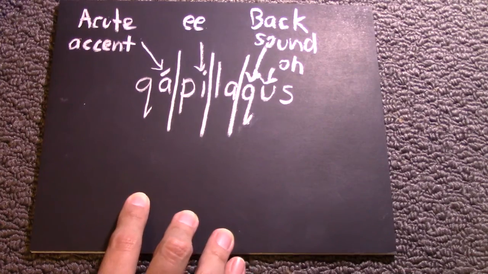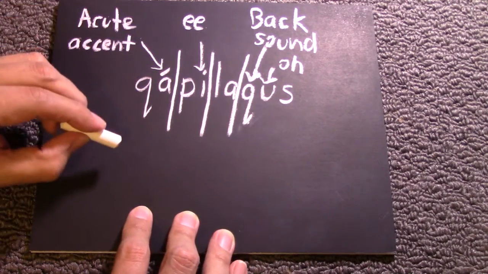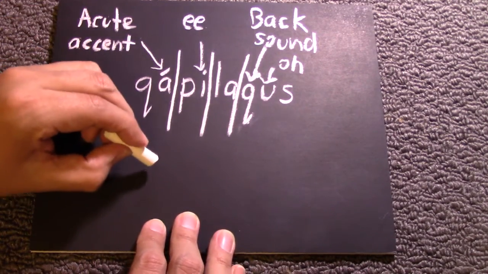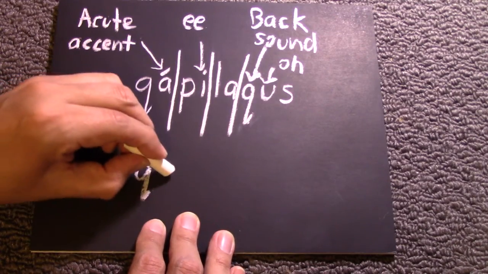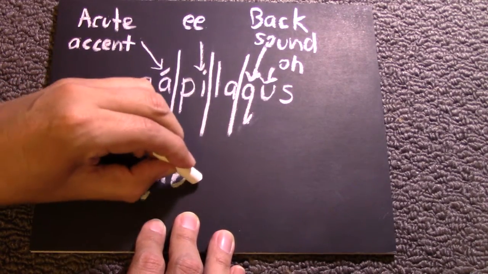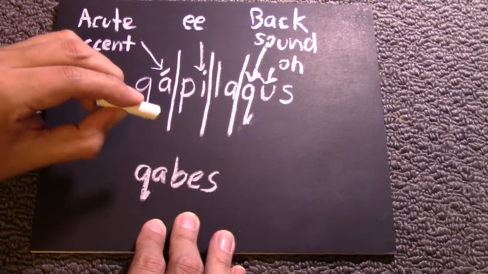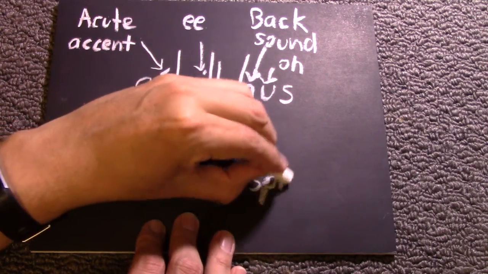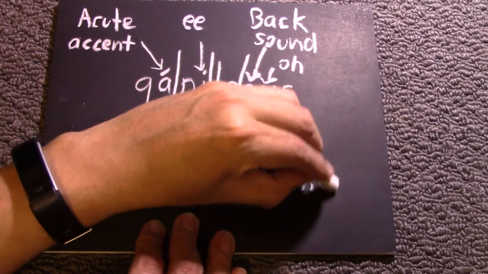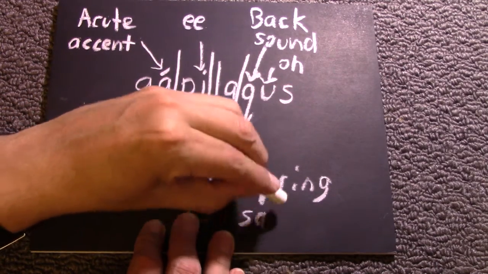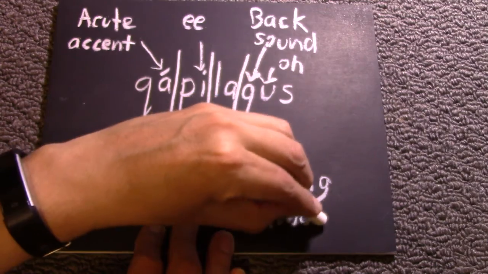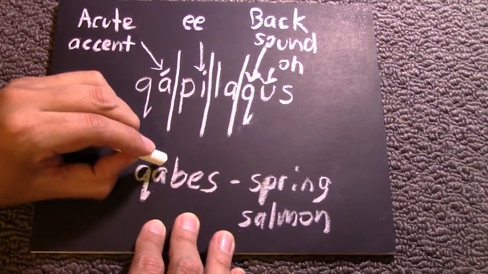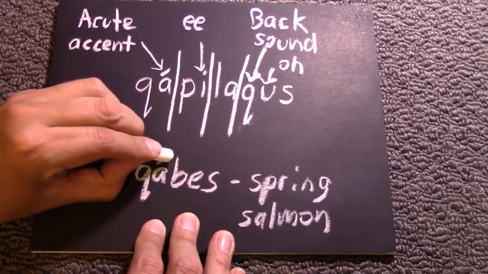Qapilaqus. And this word is based on qabus. Qabus means spring salmon. This also has a little accent mark over it.